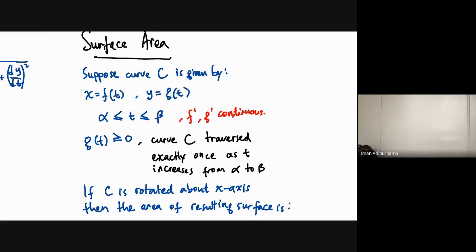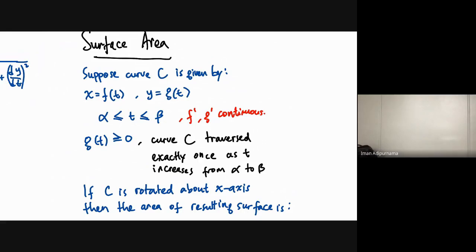Suppose we have the curve, the functions of t, f(t) and g(t), t from alpha to beta. The first derivatives are all continuous, and the y value is always positive.